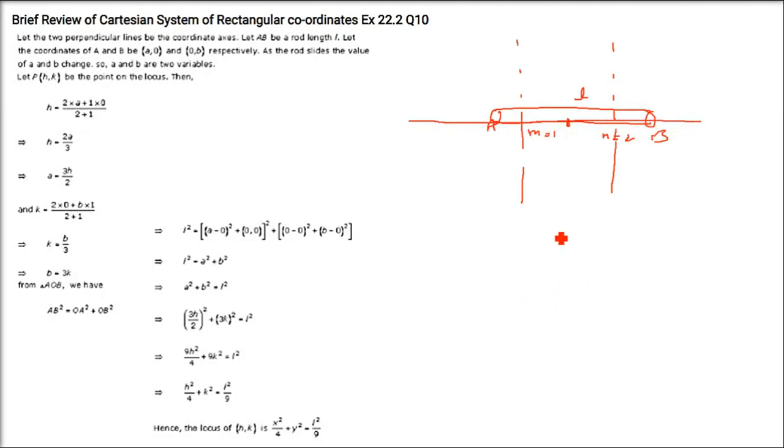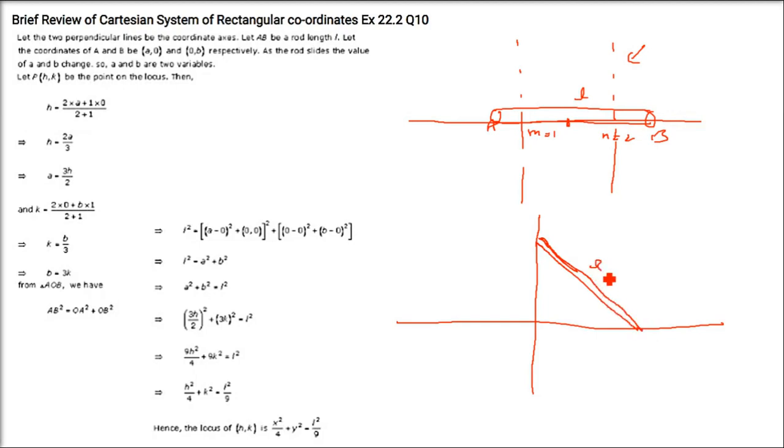Two endpoints you need, and for the 1:2 partition point we need the endpoints. So these are two perpendicular lines, and now we are placing that rod L. This is one of the instantaneous positions of this rod, and this is L.